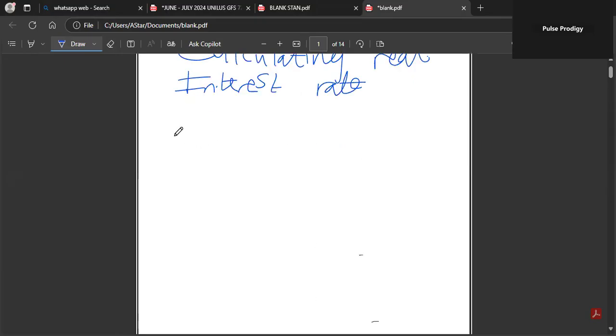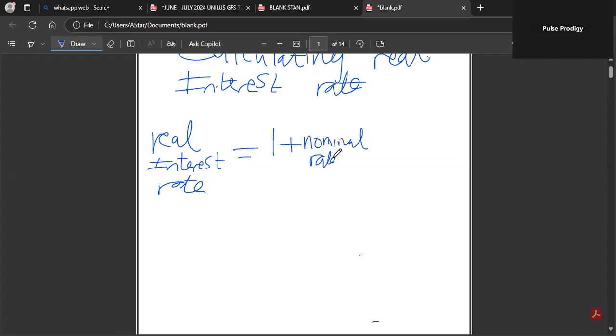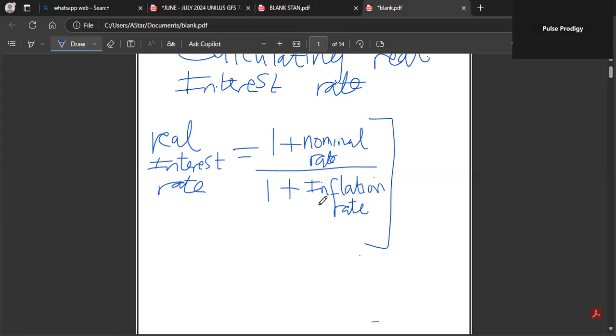So the formula is like this. Real interest rate is equal to 1 plus nominal rate over 1 plus inflation rate, you close the brackets, then minus 1.